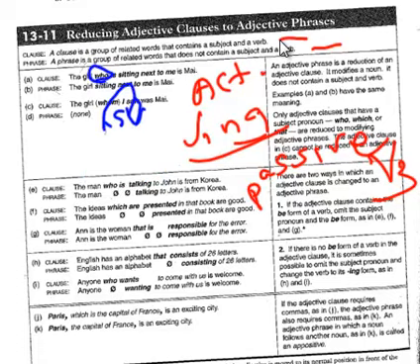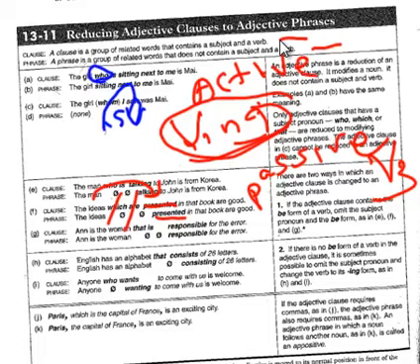We know that we have to use V3, which is presented, to describe this idea, because ideas cannot do the action of presenting. So we take out the word which, we take out the word are. This is passive in meaning. We only have 2 forms when we reduce for the verbs.